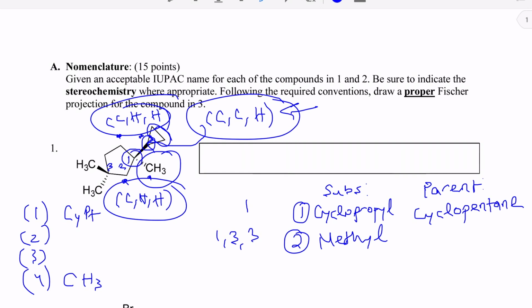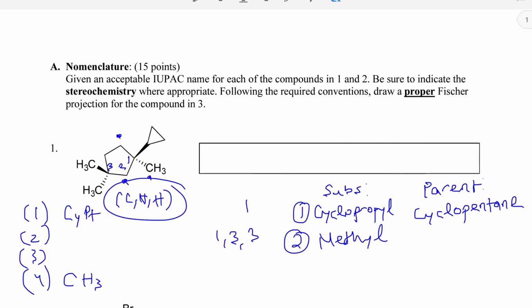And with that established, now we can narrow our focus onto the 2 ends. Let me just clean this up a little bit. Okay. So now that we're looking at this end and this end, right, what we find is that we need to now extend our search to the next carbon, because we got to a tie previously.